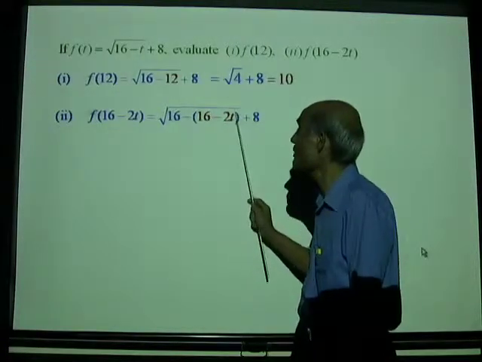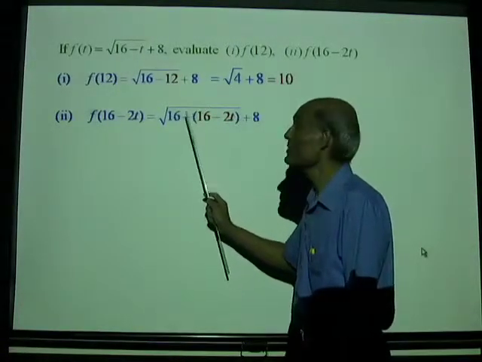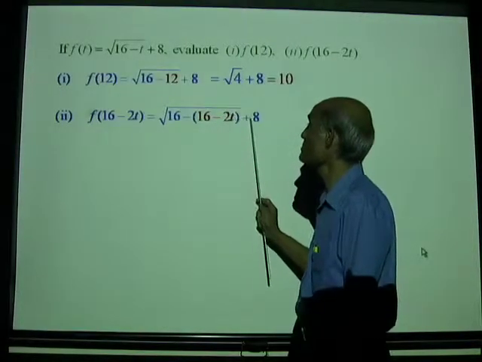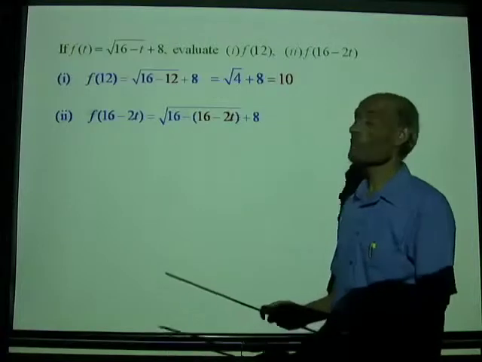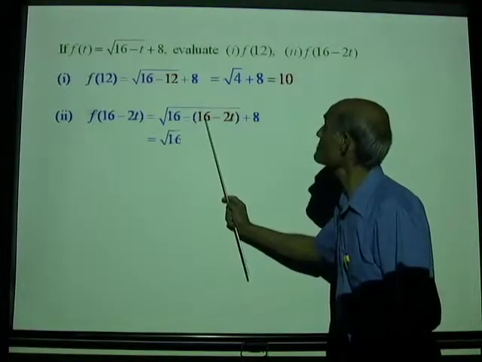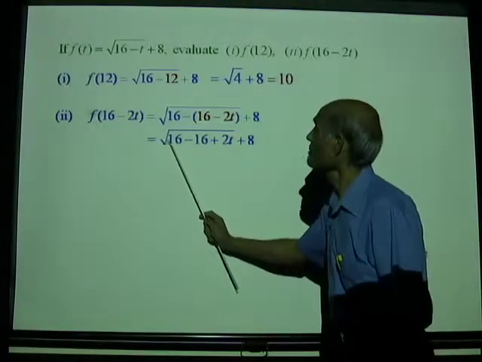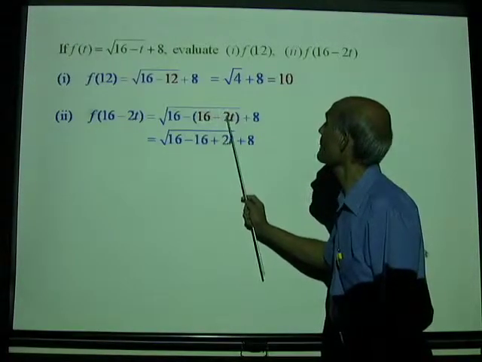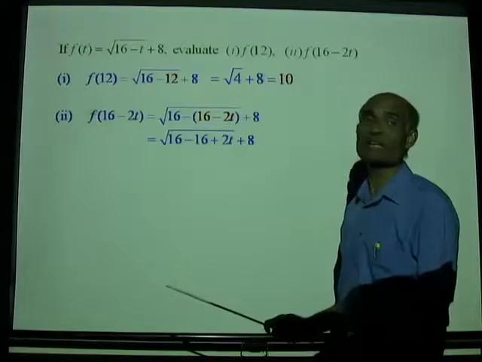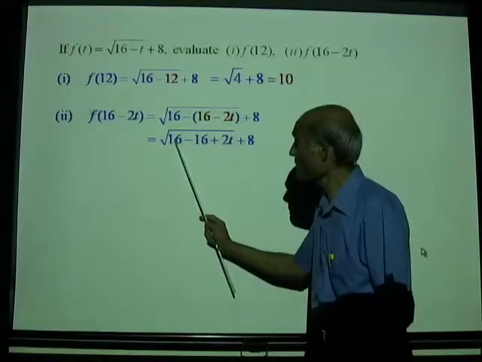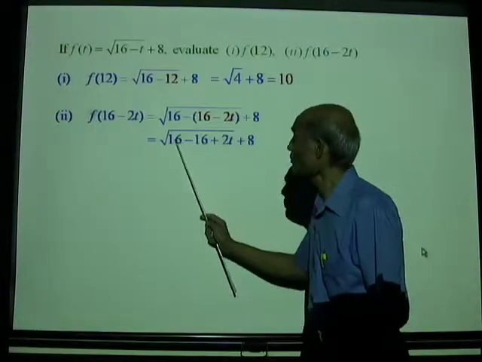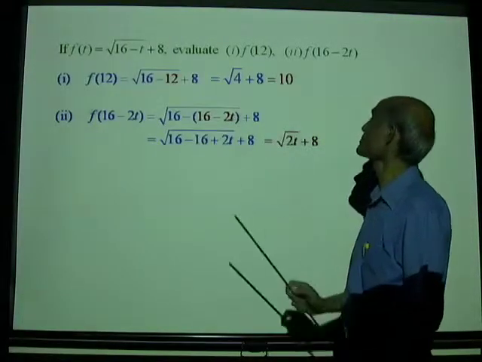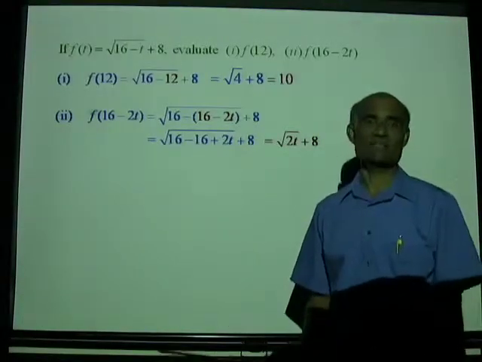T is replaced by 16 minus 2t. So 16 minus parenthesis 16 minus 2t plus 8. And now distribute that negative sign. It'll be square root 16 minus 16 plus 2t plus 8. Now simplify inside the radical. 16 minus 16 will go, leaving square root 2t plus 8.